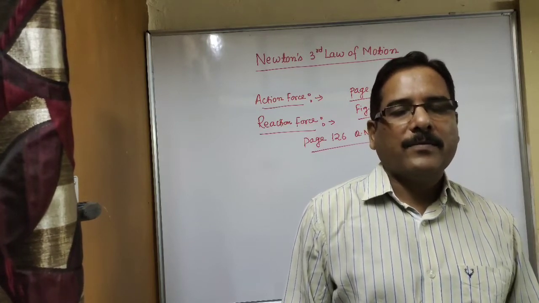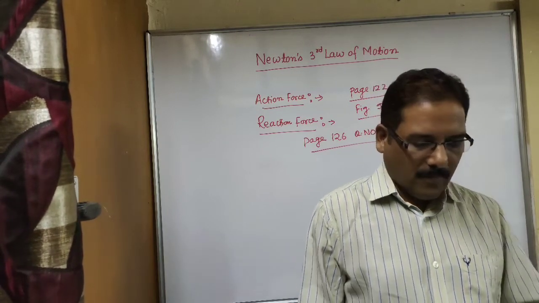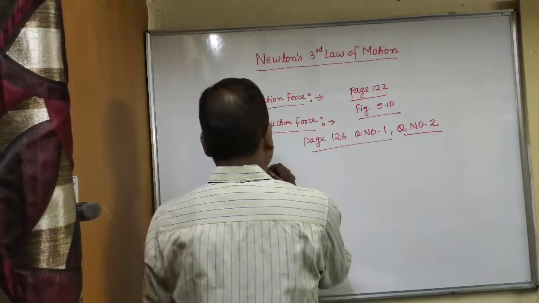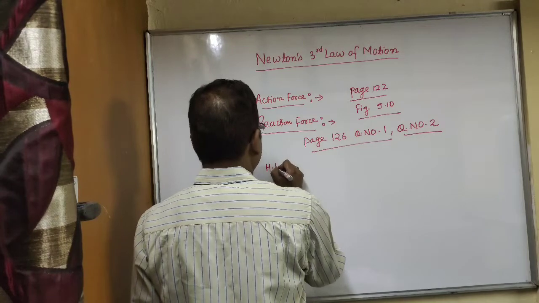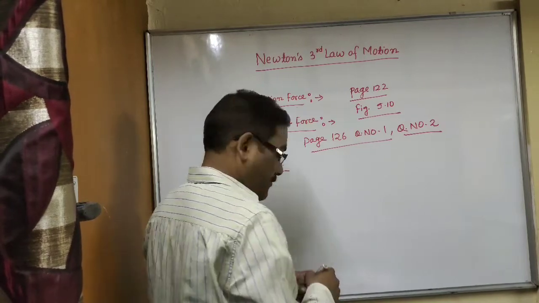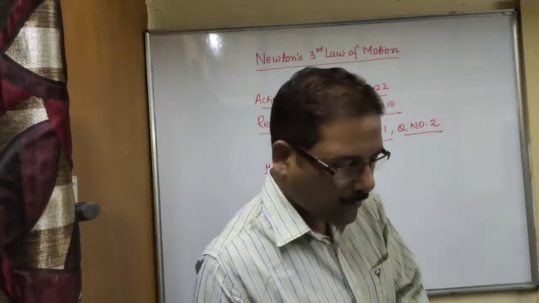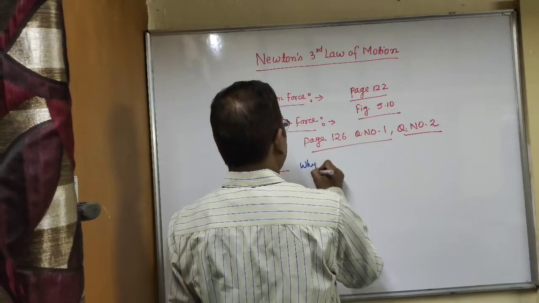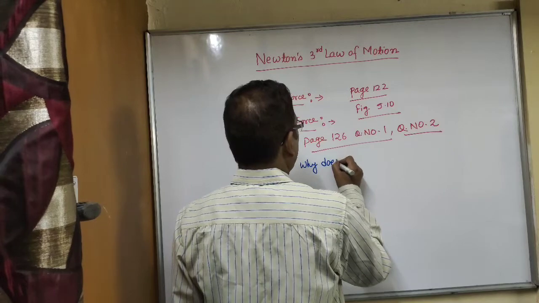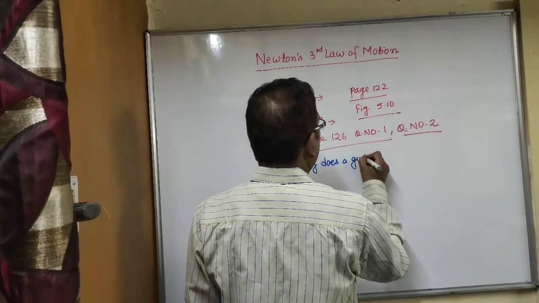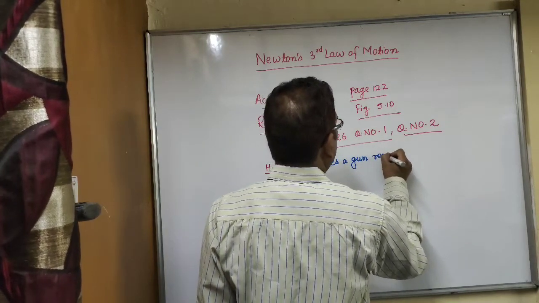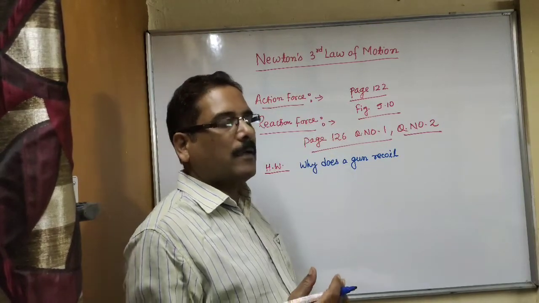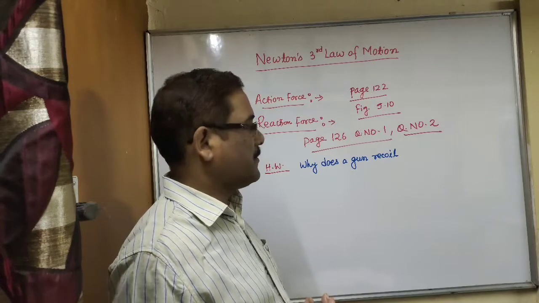Why does a gun recoil when a bullet is fired from it? So write this question as homework. It means when you fire a bullet from the gun, it gives a backward jerk.